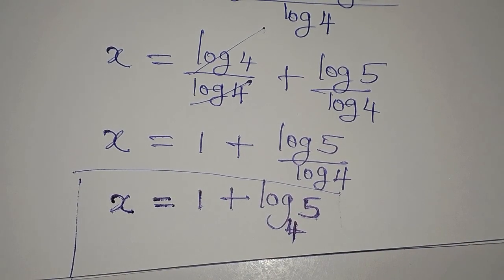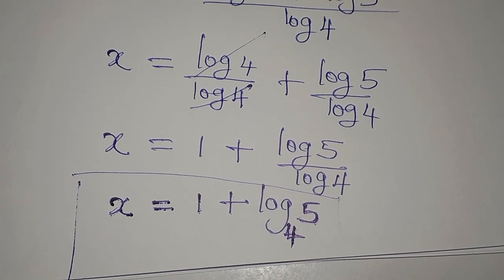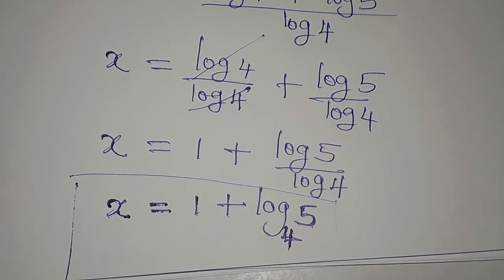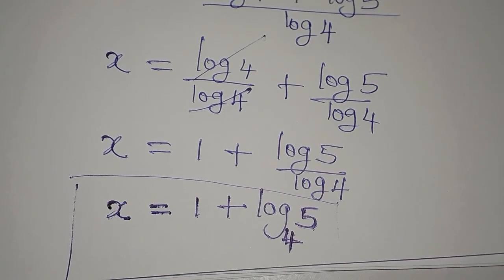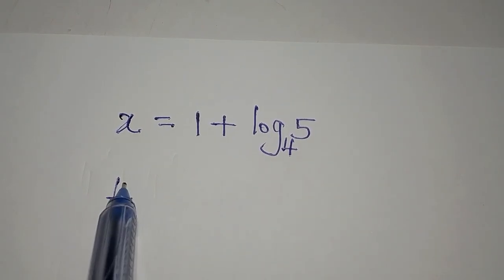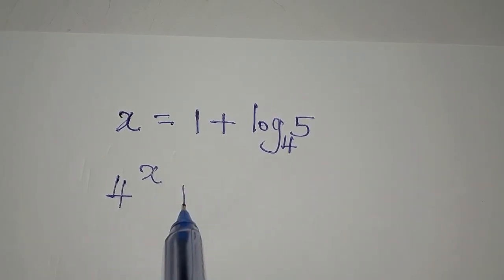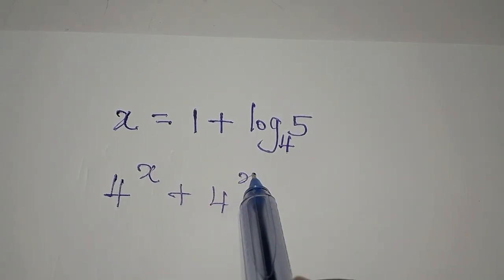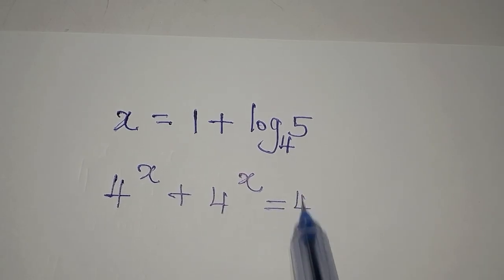And then we always verify what we do. So let's put it back into the equation and then verify. Okay, so now this is what we have as the value of x, and the equation given is 4 to the power of x plus 4 to the power of x equals 40.